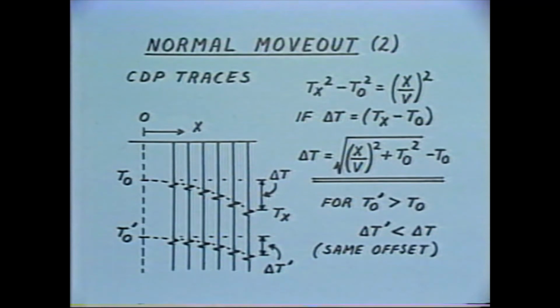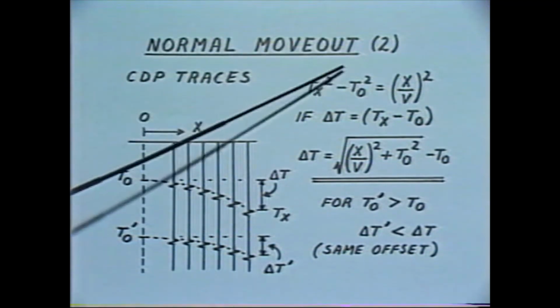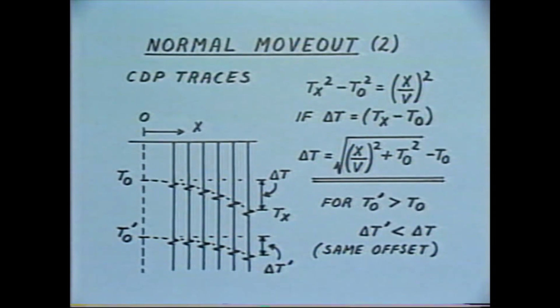Well, looking at this question of reflection curvature on a set of common depth point traces now, rather than just one trace, the curve is sometimes referred to as the normal move-out curve. But normal move-out is actually a measure of a certain time on the traces as it's defined here.